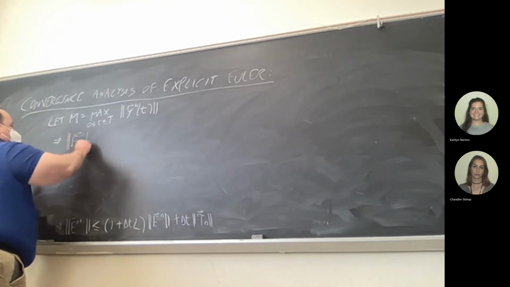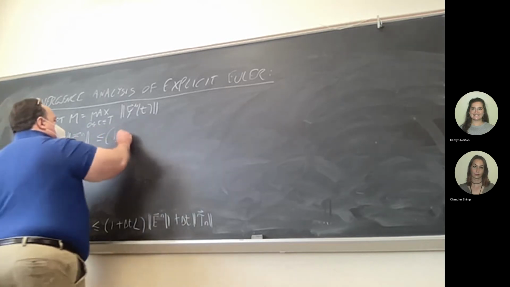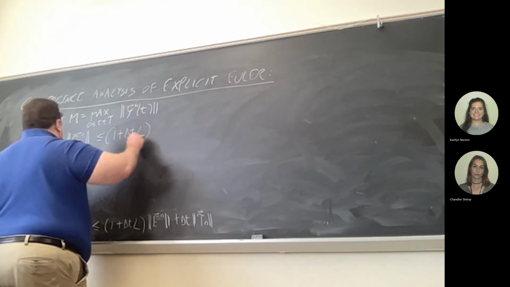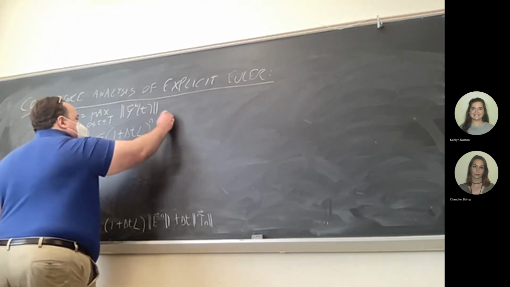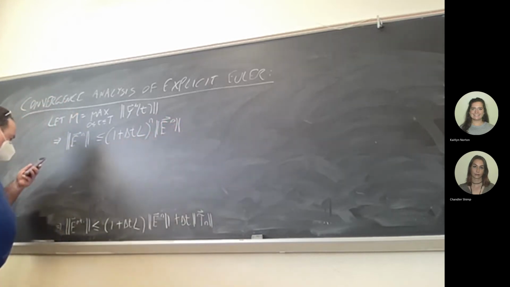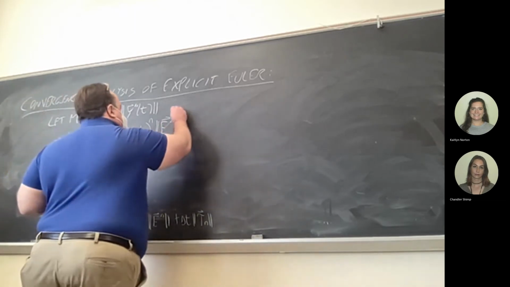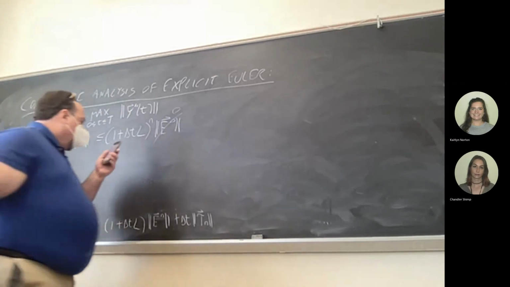The norm of E_n is less than or equal to (1 + ΔT L)^n times the norm of E_0, the initial error. But we don't have any error in the initial data, so that part's just going to be 0.